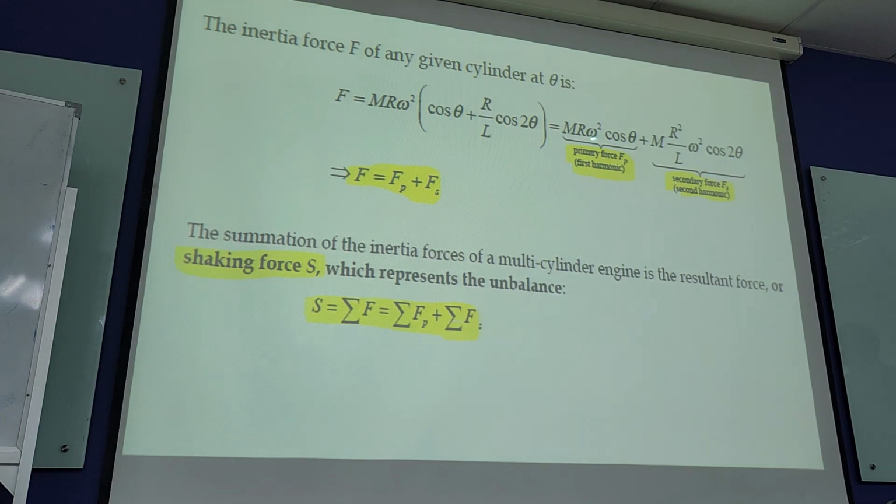Now we can expand this into primary terms and secondary terms: first harmonic cosine theta, second harmonic cosine 2 theta. The net force is the sum of the primary forces plus the secondary forces. The entire thing we call the shaking force, the resultant force, or the net force.